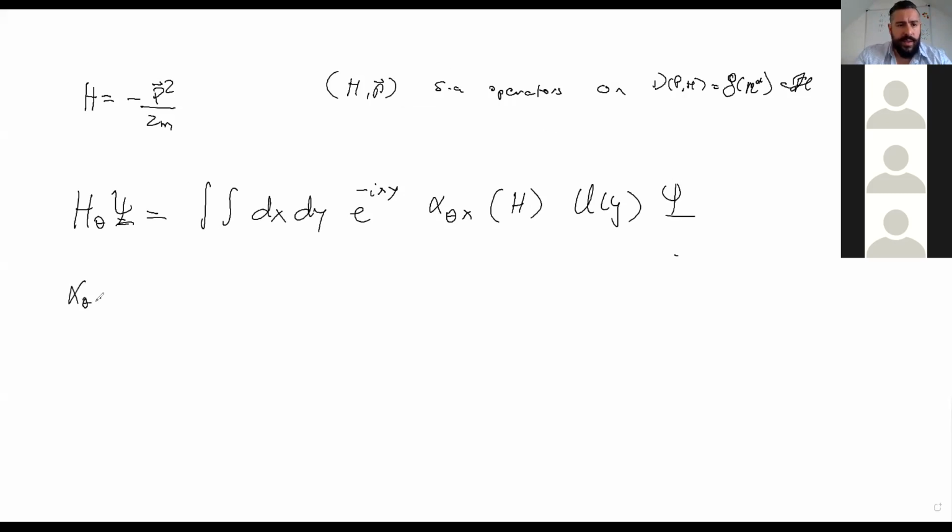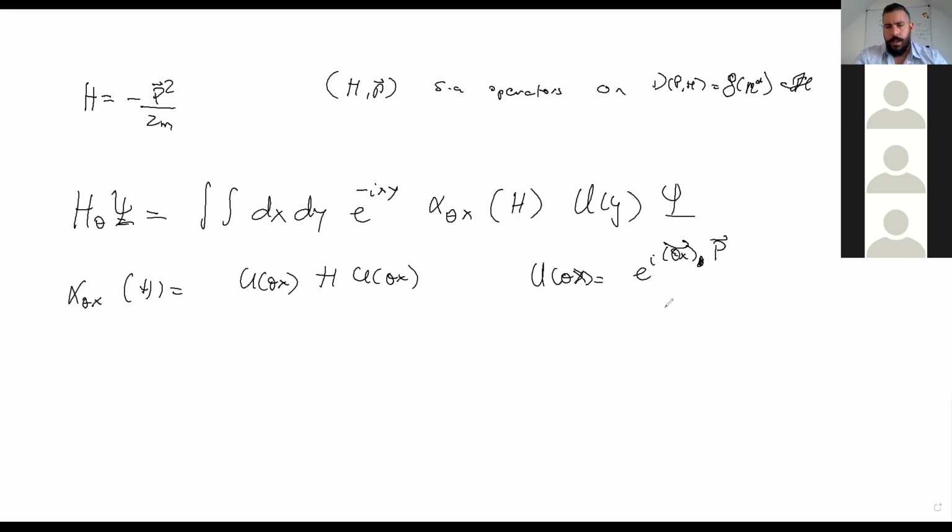Now, the point is alpha theta of x of h, as I said, is just basically u of theta x, h, u of theta x, where u of theta x is some unitary operator with the vector theta x times, let's say, p.